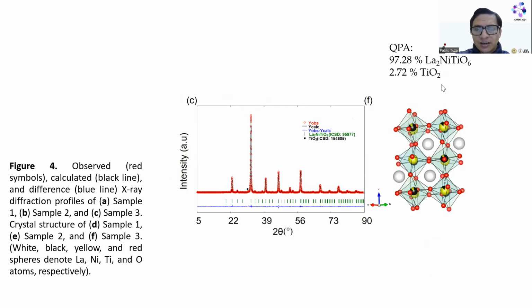The results are according to those reported by Perez-Flores group and Rodriguez et al. For sample 2, this result is according to that reported by the Perez-Flores group for the perovskite containing lanthanum, nickel, titanium, and strontium.